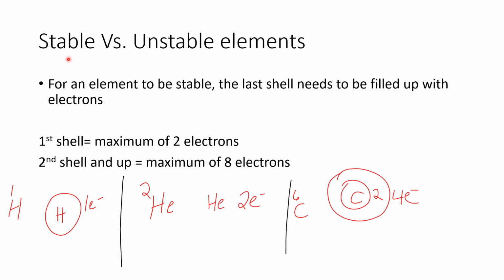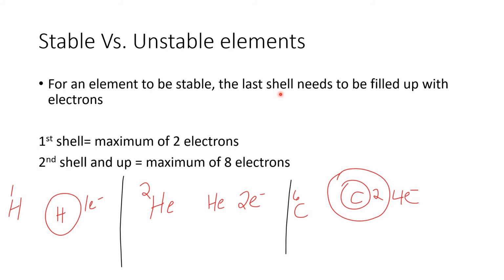Now we're going to talk about whether your elements are stable or unstable. So for an element to be stable, the rule says that the last shell you draw needs to be completely filled up. And as you can see, some of the examples that we did draw together, their last shells were not completely filled up.